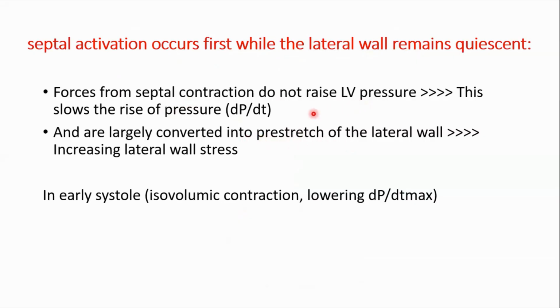This leads to a slow rising of the dP/dT and increases the lateral wall stress. So in early systole, in the isovolumetric contraction phase, there is lowering of the dP/dT. dP/dT means the difference in pressure versus the time, and when it is getting slower, this means worse contraction.